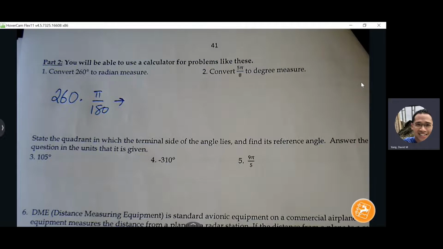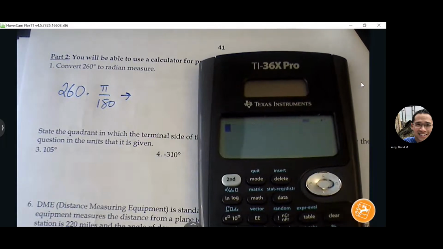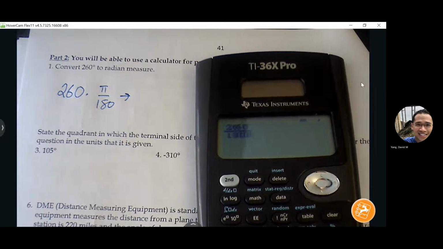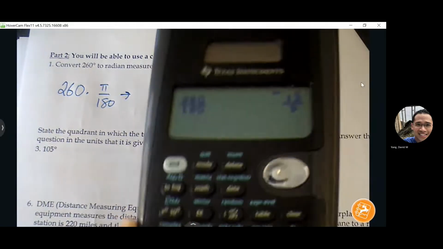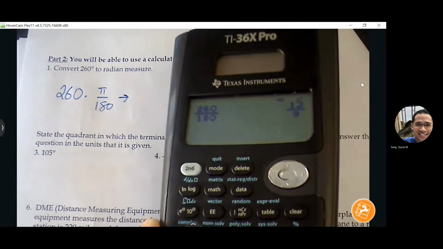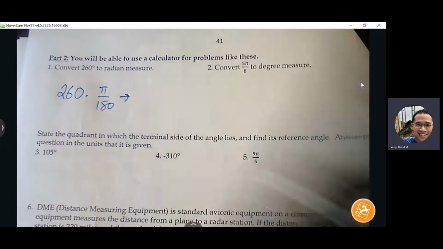You're just going to attach pi once you get that ratio figured out. 260 divided by 180 gives me 13/9.